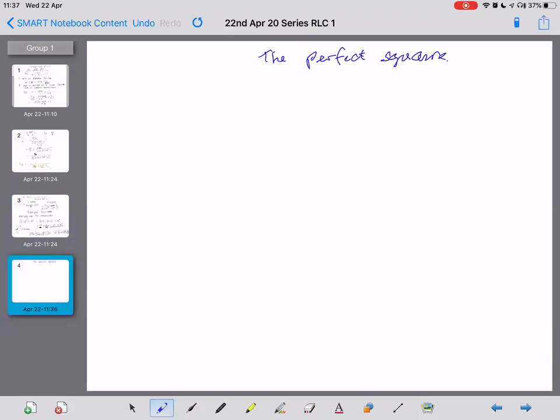So, the perfect square. We're going to break out from Laplace transforms in a sense at the moment and say (s plus 2) all squared is an example of a perfect square.